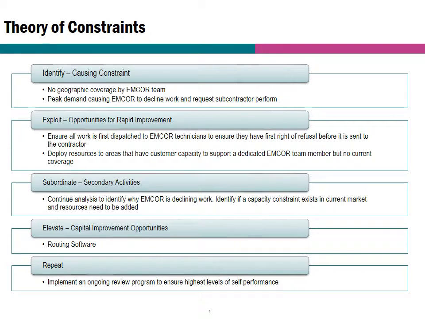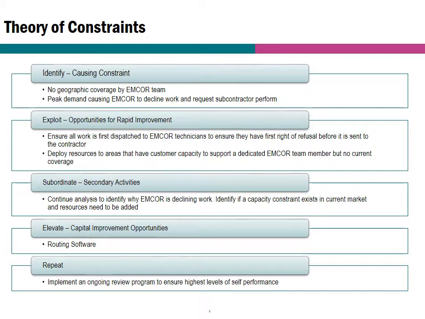agreements with their customer. So if we look at the opportunities for rapid improvement, or exploiting what's currently available, the first item would be to make sure that all of the work goes directly to EMCOR technicians and that they have the first right of refusal before it's sent to a contractor. If you remember from the last process flow, it split into work going to subcontractors or EMCOR.